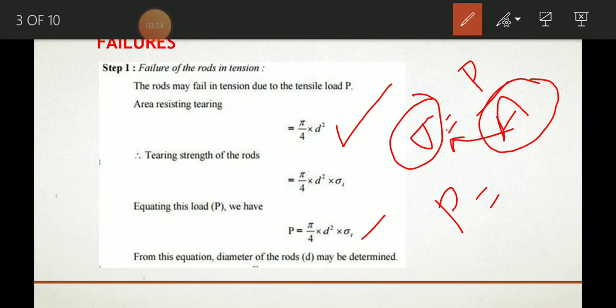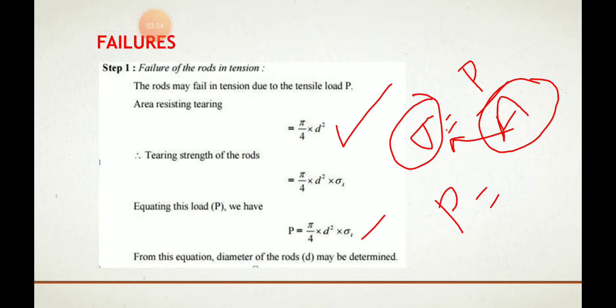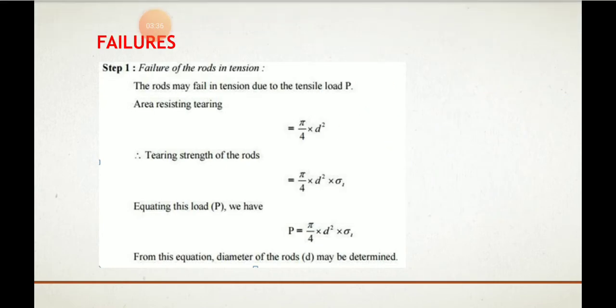From this equation we find the diameter of the rod. This is the first step towards the calculation of the diameter of the rod. Let us move to the second step.